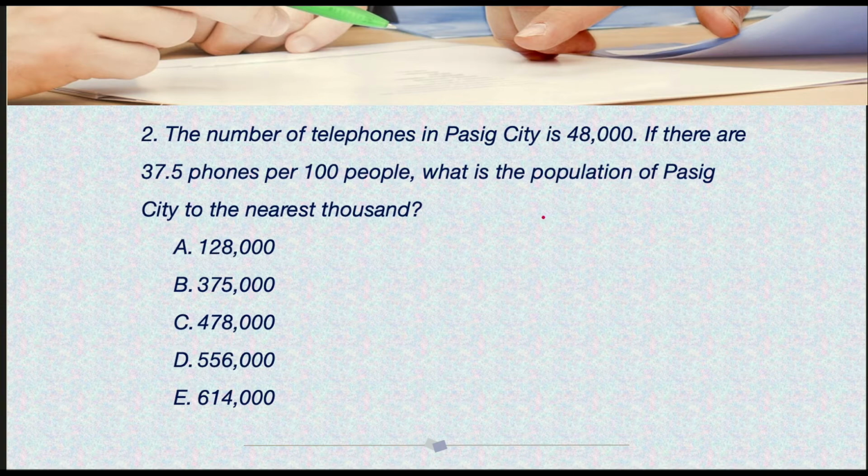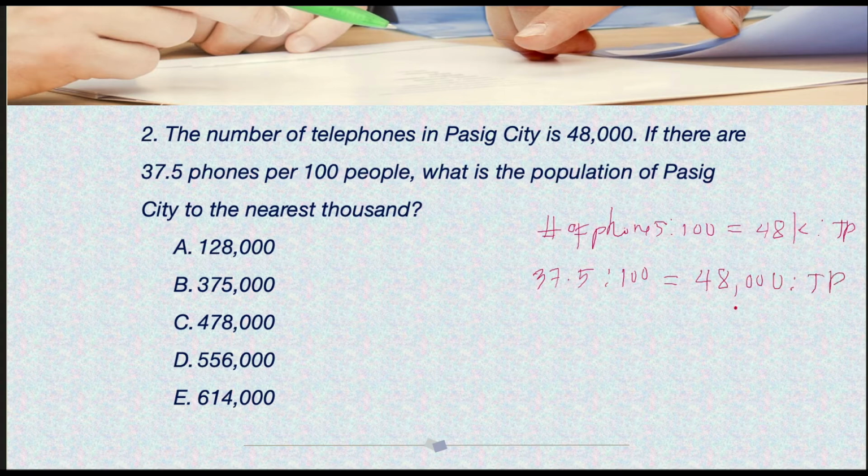The number of phones is to 100 people, because the first situation is 37.5 phones per 100 people, and that will be equal to 48,000 is to the total population. So our proportion is 37.5 is to 100 equals 48,000 is to the total population.